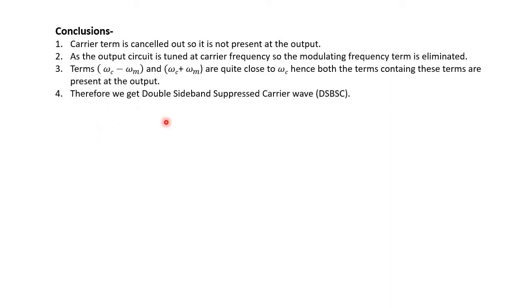Hence, with the help of the balanced modulator, we can get at the output a wave in which the two sidebands are present, but the carrier component is absent. Therefore, this method is used for the generation of double sideband suppressed carrier wave, that is DSB-SC.